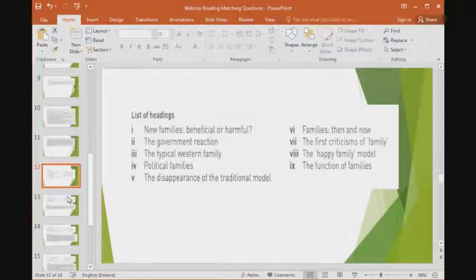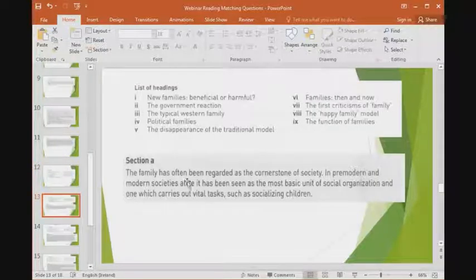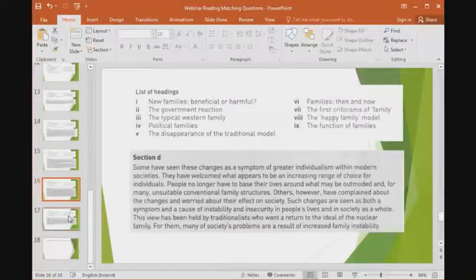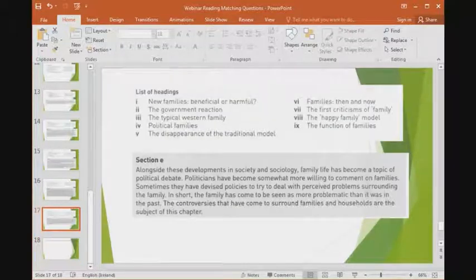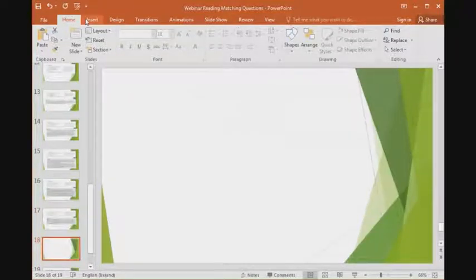So at the end of the slides, you will have your headings, and then you will have an article. I split the article up so you can read them one at a time, and then you can match the headings. Okay, so before we wrap up, let me do a quick review.